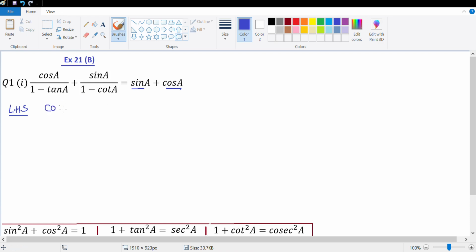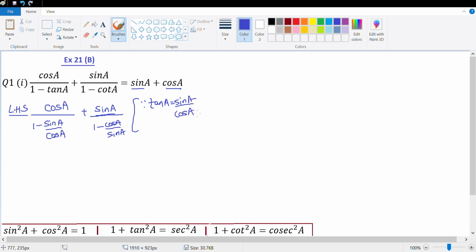So this would be cos a upon 1 minus sin a upon cos a, plus sin a upon 1 minus cos a upon sin a. I will need to write the reason as well, since tan a is equal to sin a upon cos a and cot a is equal to 1 upon tan a.